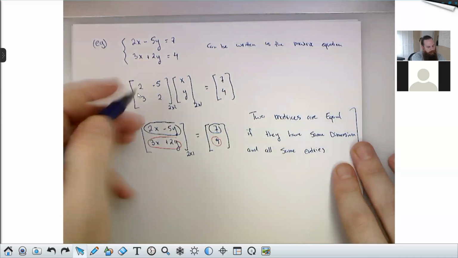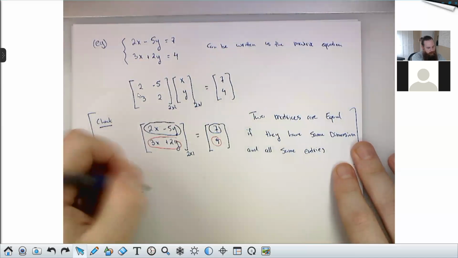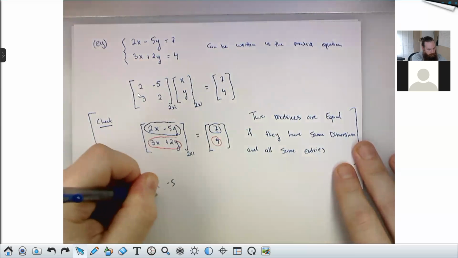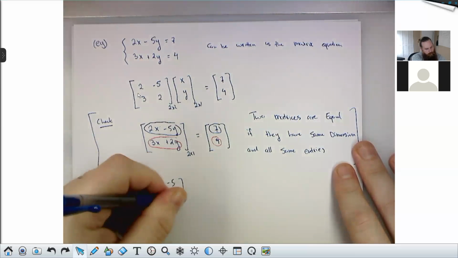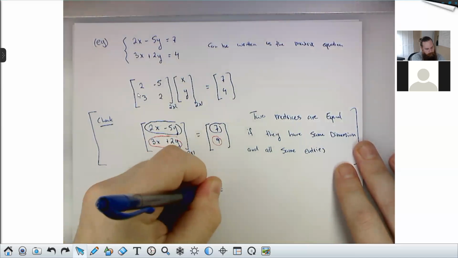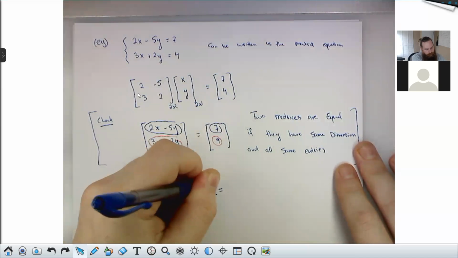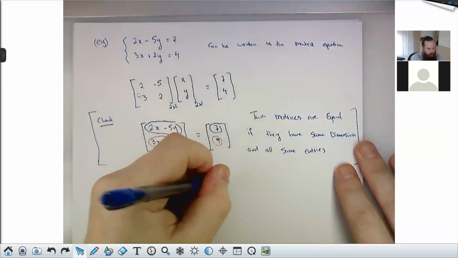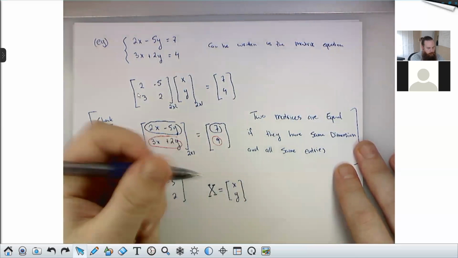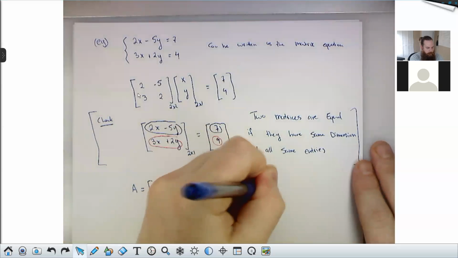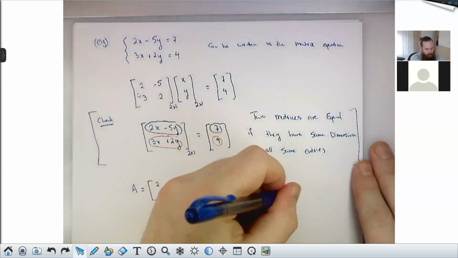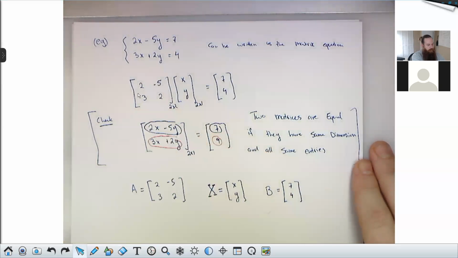So let me call this matrix A, [2, -5; 3, 2]. Let me call this matrix capital X, and I'll maybe put some feet on my X to make it look more like a capital letter, that's got the entries little x, little y. And let me call the matrix capital B, [7; 4], like this.